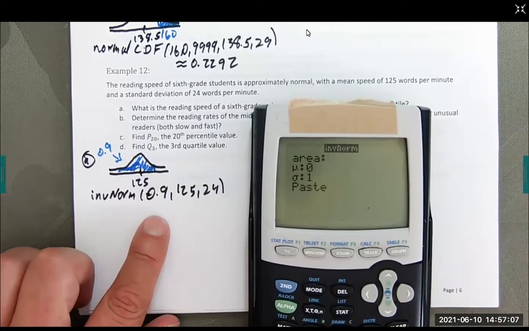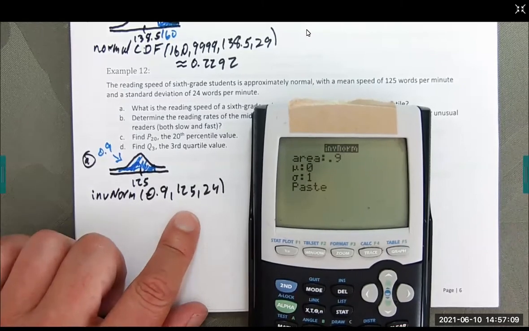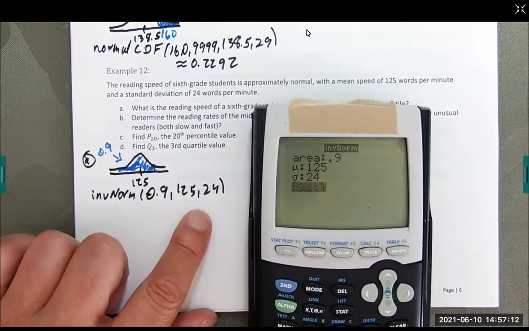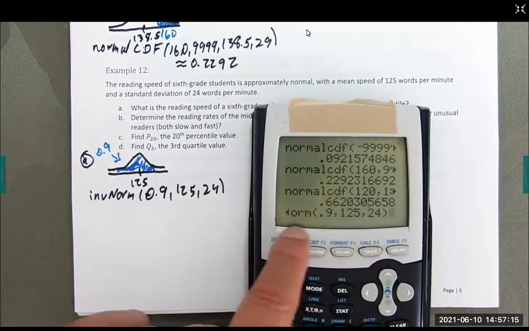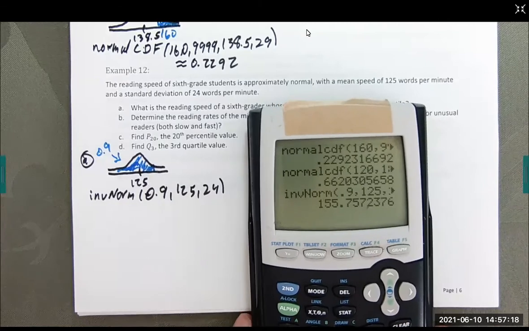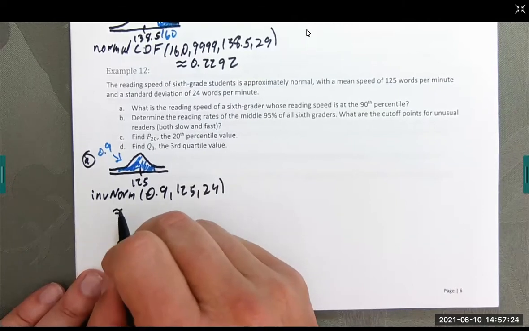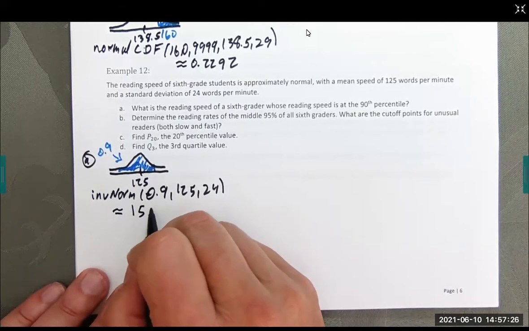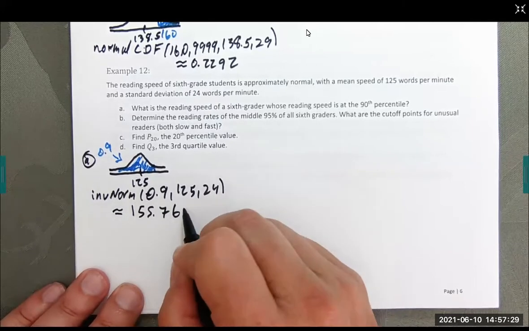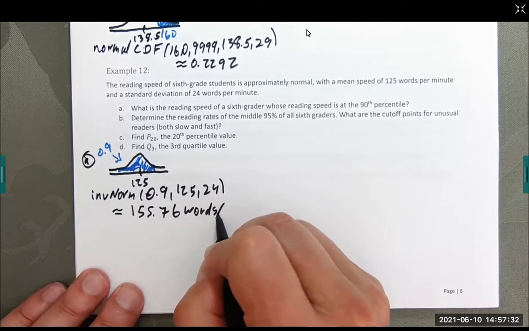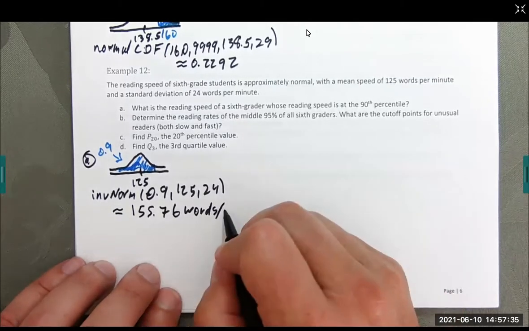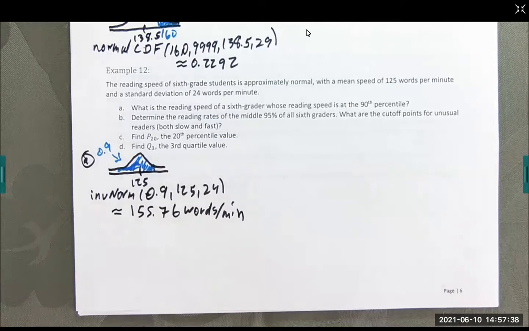Area to the left is 0.9, 125, and 24. If you don't have the previous interface, it'll look something like this. This is about 155.76 words per minute. So meaning if this 6th grader can read 155.76 words per minute, that means 90% of the other 6th graders read slower than that.